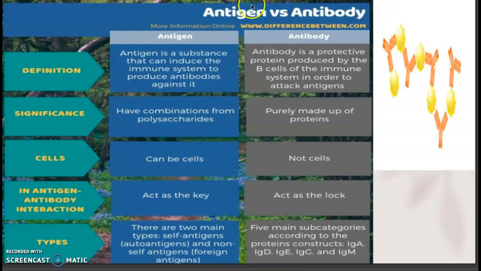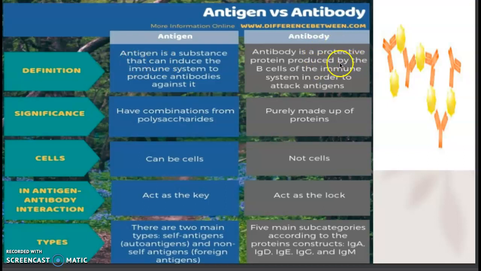Now, what is the difference between antigen and antibody? An antigen is a substance which can induce the immune system to produce antibodies against it, and it is foreign matter. It can be a pathogen, virus, bacteria, and even during organ transplantation a foreign organ is also considered an antigen by our defense system.